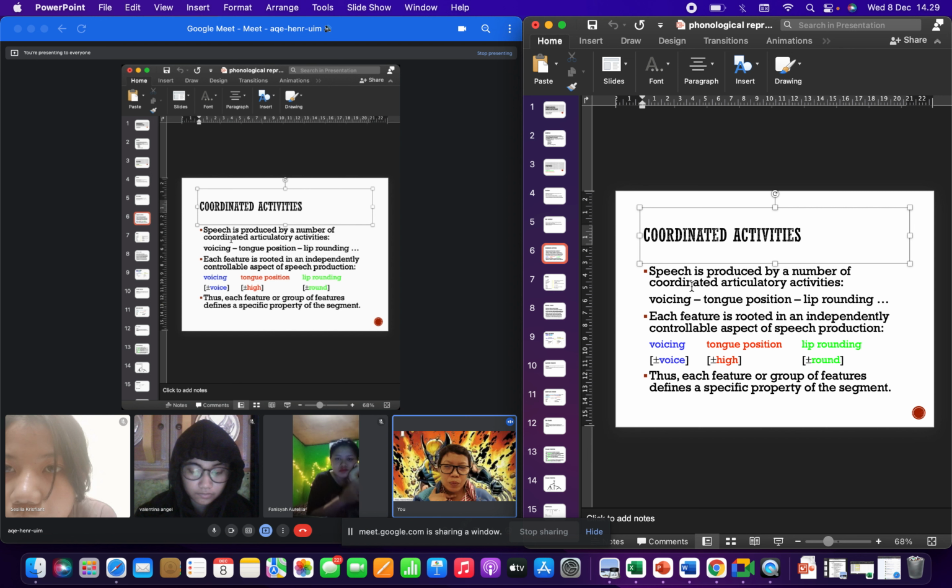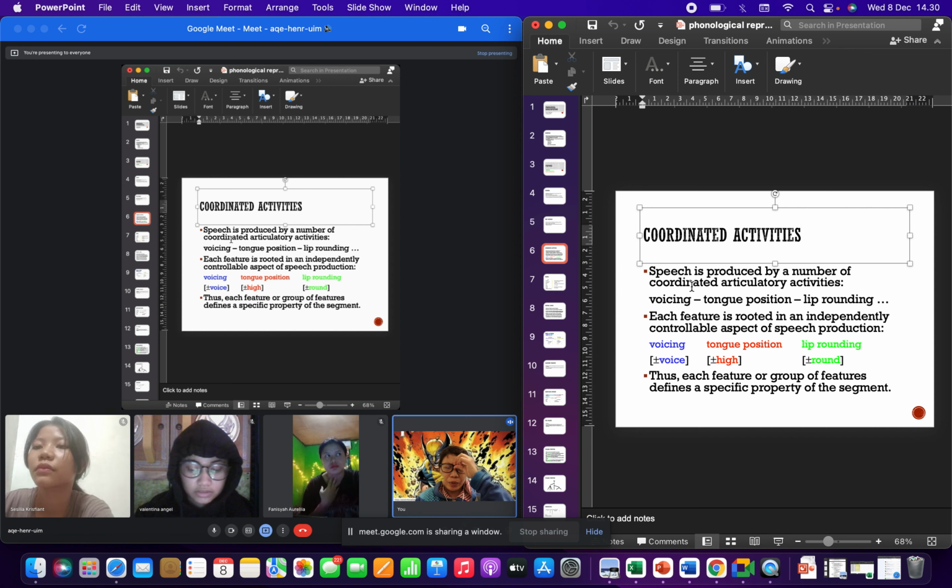We just put our finger on our vocal cord. If the vocal cord vibrates, it means you produce a voiced sound. If you put your finger on the vocal cord and there is no vibration at all, such as when we say s, it is voiceless, while z is voiced. When we say s, there is no vibration here, but when we say z, there is a vibration. So we understand voicing.